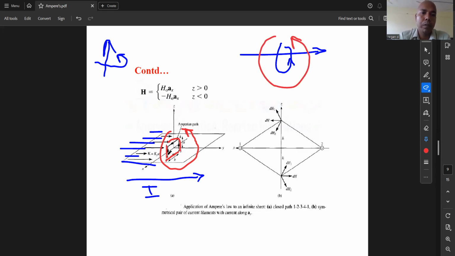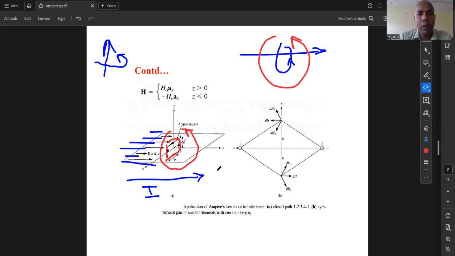In this rectangular path, 1 to 2, the height is A, 2 to 3, the width is B, 3 to 4 is A, again 4 to 1 is B. If you notice, 1 to 2 and 3 to 4 have the same length but are opposite in direction, and 2 to 3 and 4 to 1 are the same width but opposite in direction. That means the field is in opposite directions.